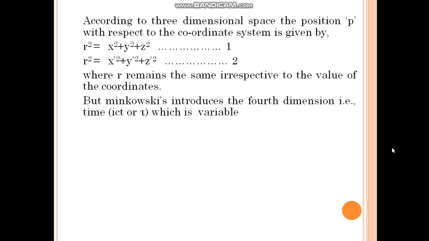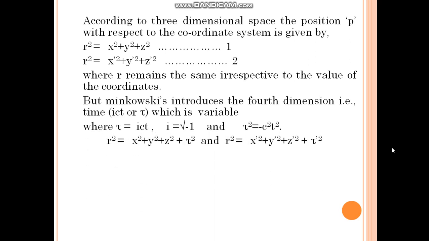But Minkowski introduces the fourth dimension, that is time, which is variable, where tau is equal to ict and i is equal to root of minus 1 and tau square is equal to minus c square t square. As Minkowski has introduced the fourth coordinate, time, tau square should be added in equations 1 and 2.